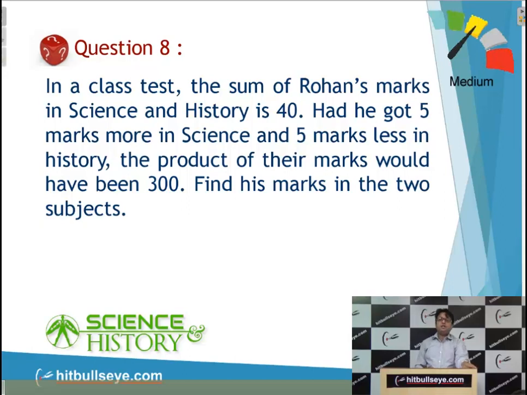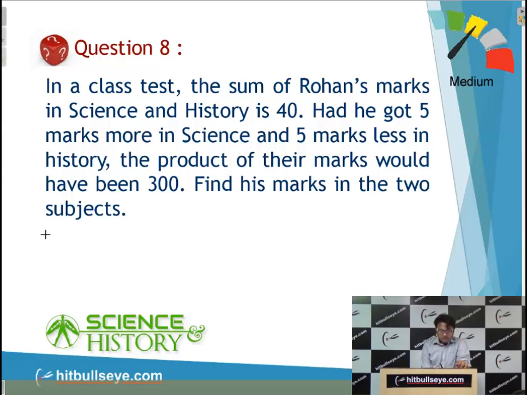Now students, let us take one more question to understand quadratic equations. Here the question is saying about Rohan's marks in science and history, and saying if he got 5 marks more in science and 5 less in history, the product of 2 marks becomes 300. And we asked what are the marks in the two subjects.